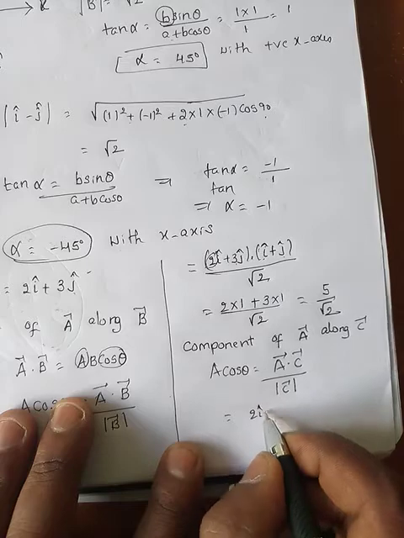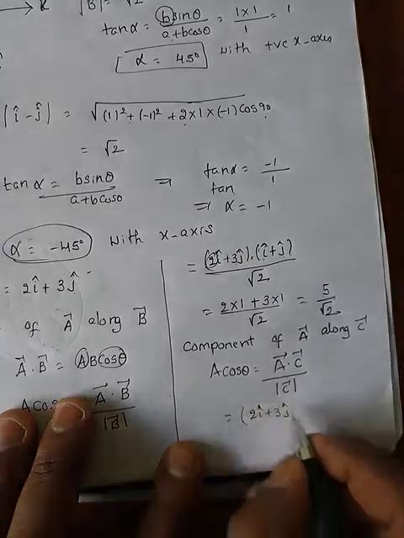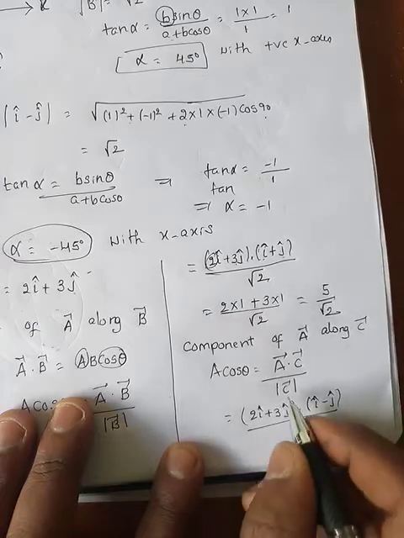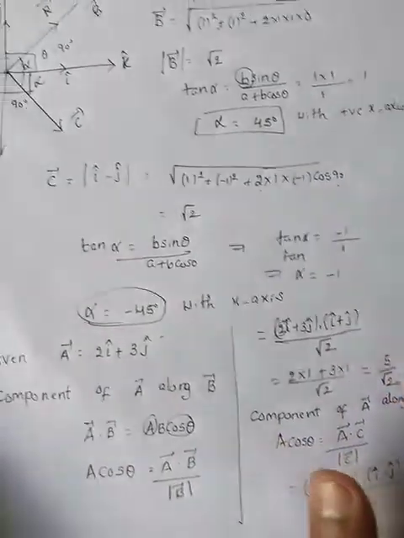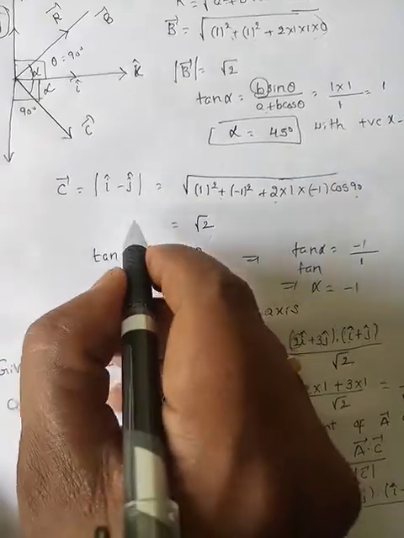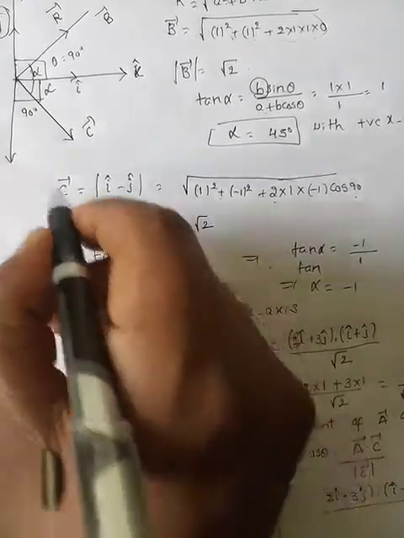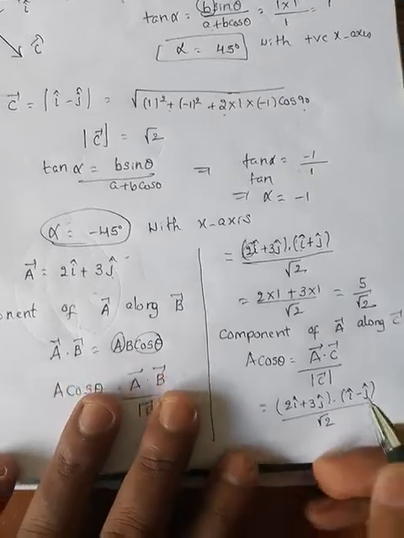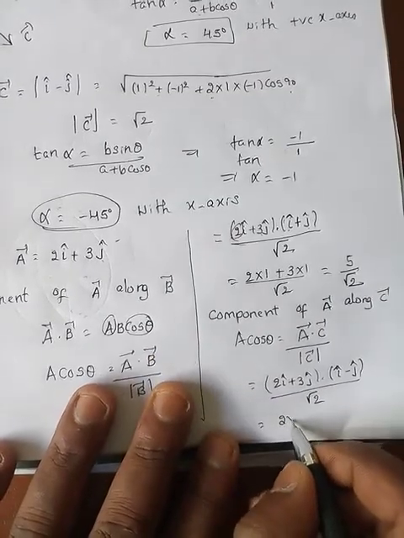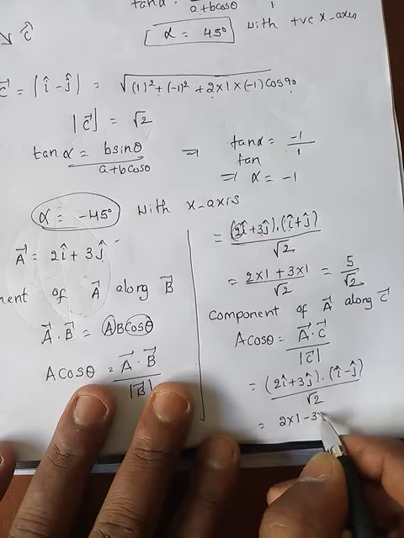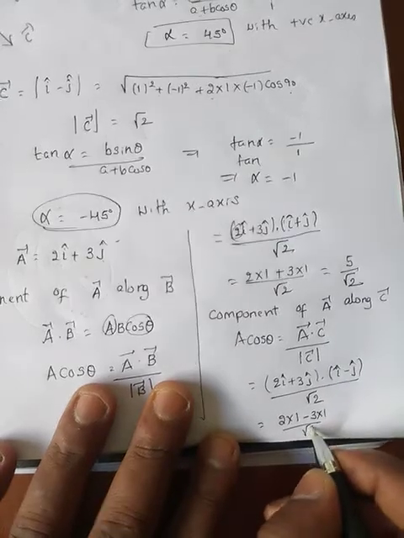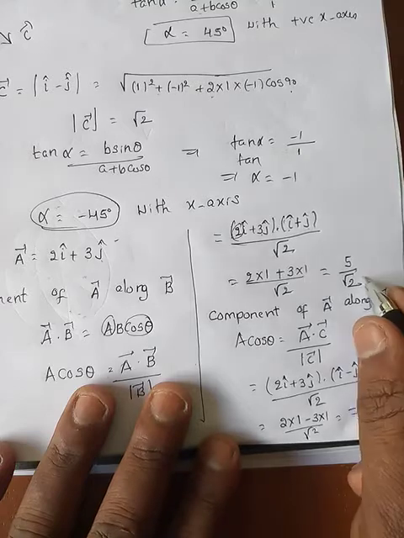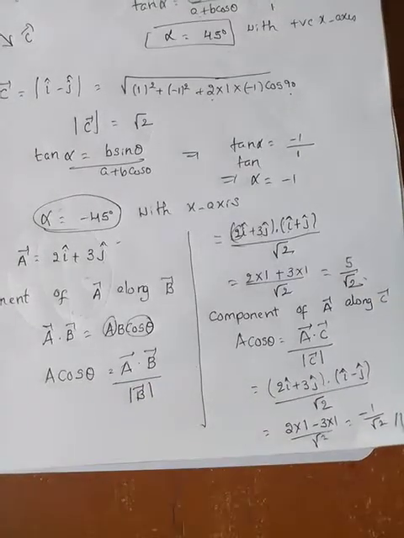That is 2i cap plus 3j cap dot i cap minus j cap by modulus of C. What is the modulus of C? This is the magnitude of the resultant vector of these two. How much? Root 2. Finally, 2 into 1 minus 3 into 1 by root 2, so minus 1 by root 2. So this is 5 by root 2 and this is minus 1 by root 2.